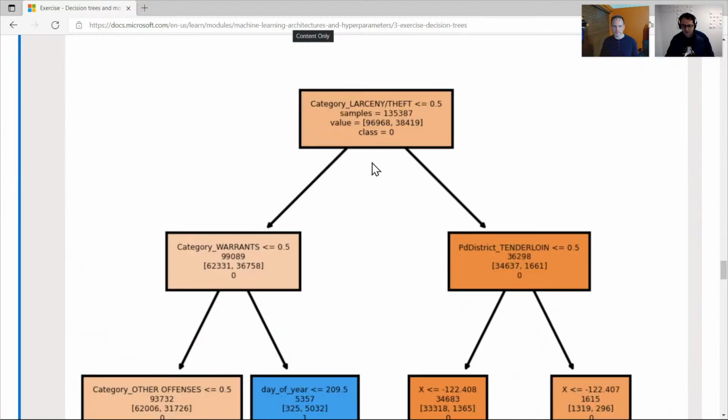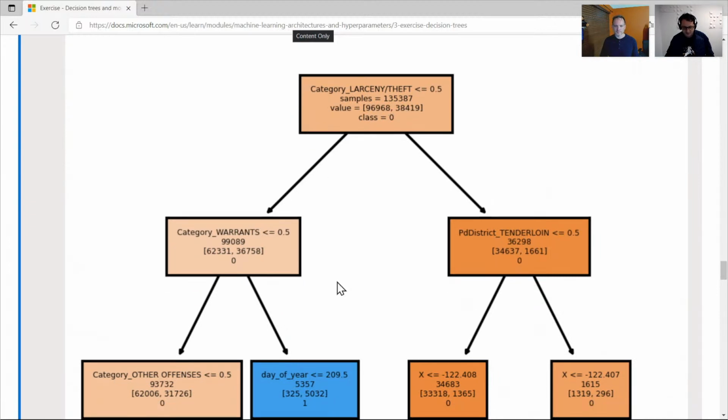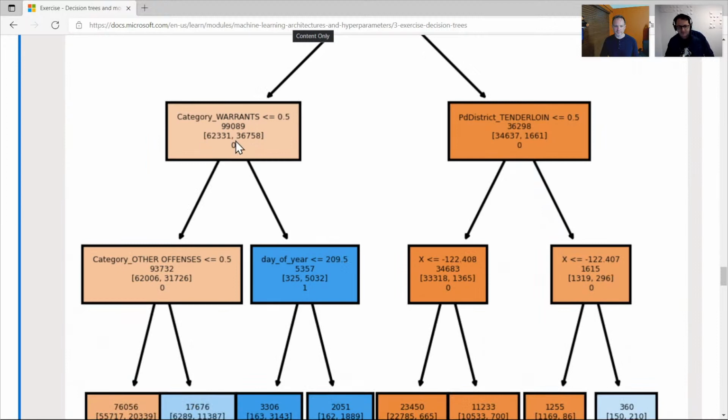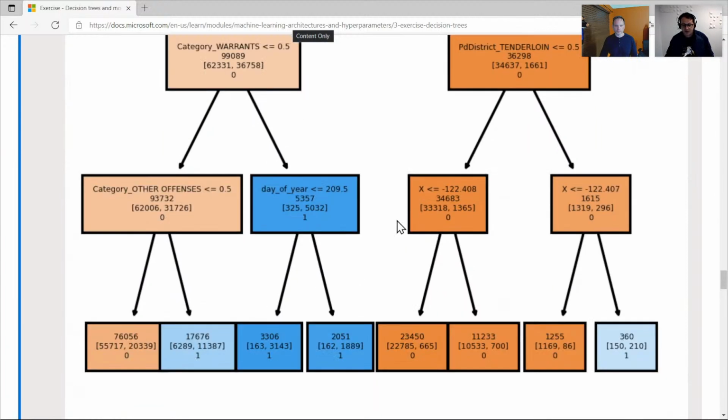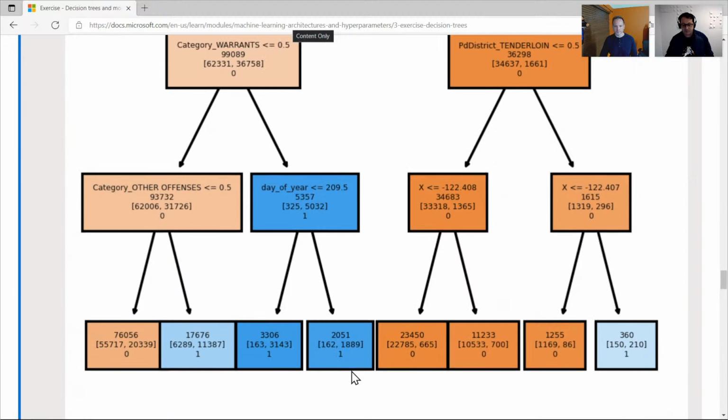The way I've been looking at this is that if the number on the left is bigger, it tends to go on the left. If the number on the right is bigger, it goes to the right. And that's how I've been following it as well. There are just different ways of splitting, but it looks at that data to define what the splits are. And we've got a hard stop here at the maximum number of splits.